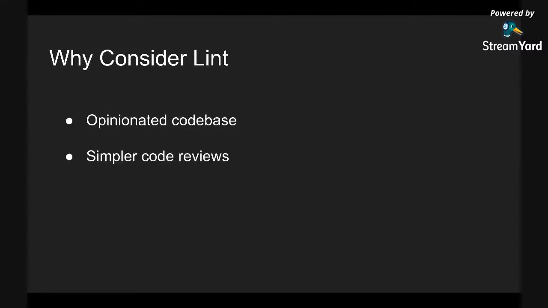This also comes with an advantage that can be derived from the same opinionated code base: you can have simpler code reviews. Normally for such code bases, whenever you're reviewing the code, the first thing you would look for is if they adhere to the common guidelines for this code base. And this can get tedious to do with every code review because you would by default check for those things.